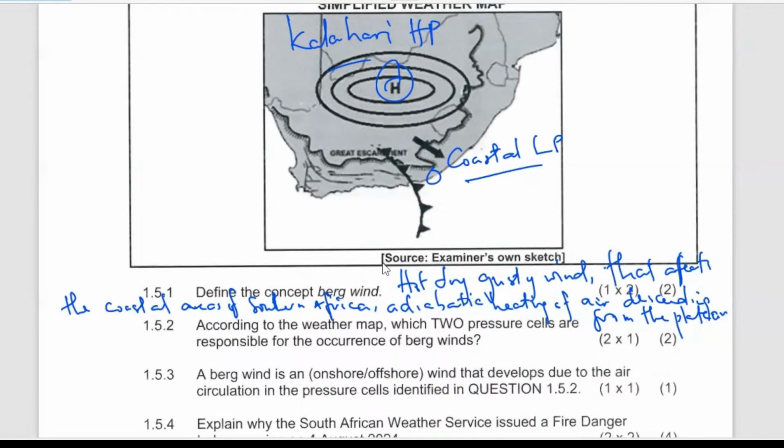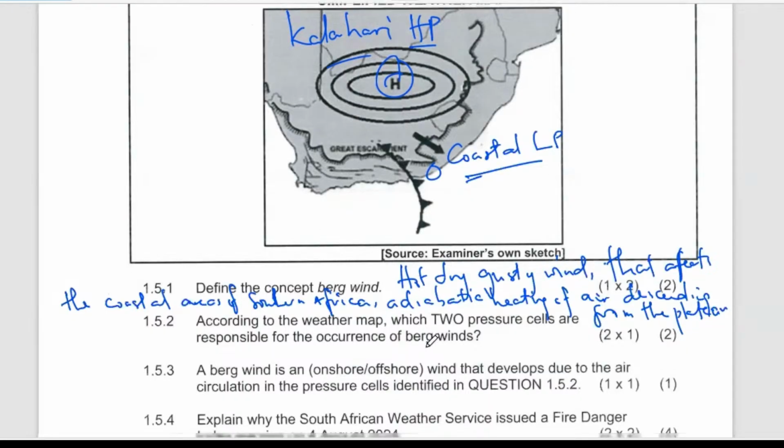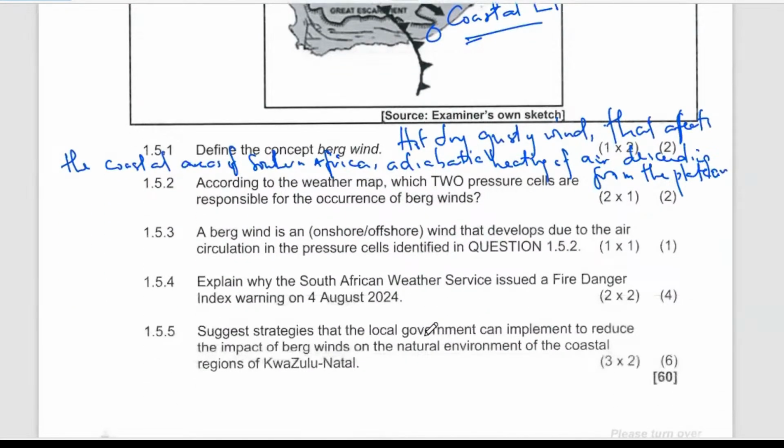They occur because of the dominance of the Kalahari high pressure cell over the interior, which causes descending air, and there is a pressure gradient because there is a low pressure cell around the coastal areas. Because of that difference in pressure, air drifts down the plateau to the coastal areas, and as it goes down it heats up adiabatically, and that causes the Berg winds.